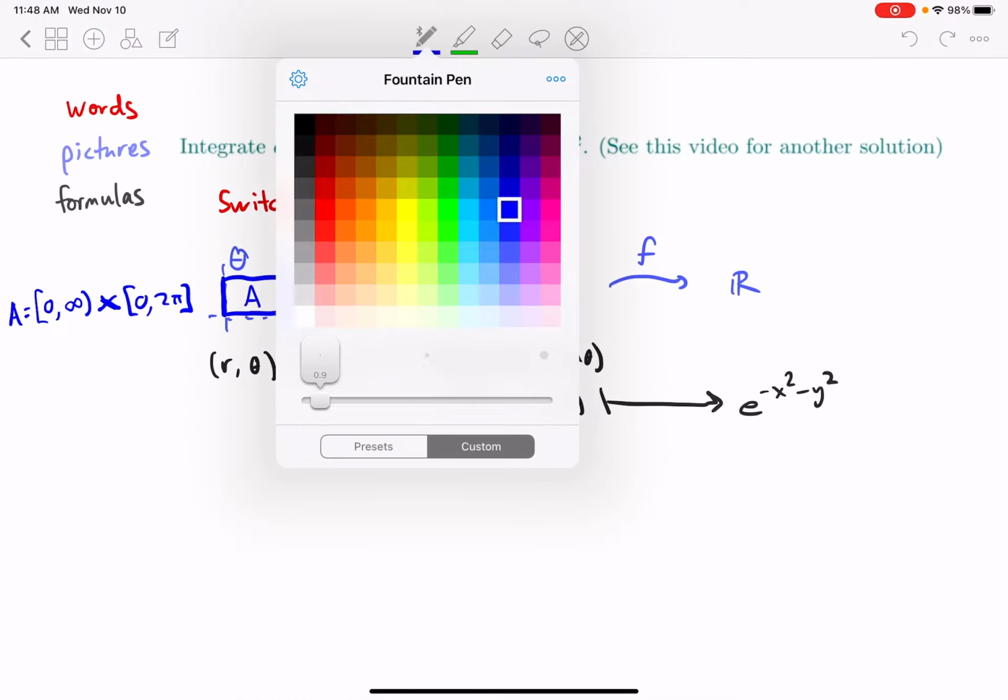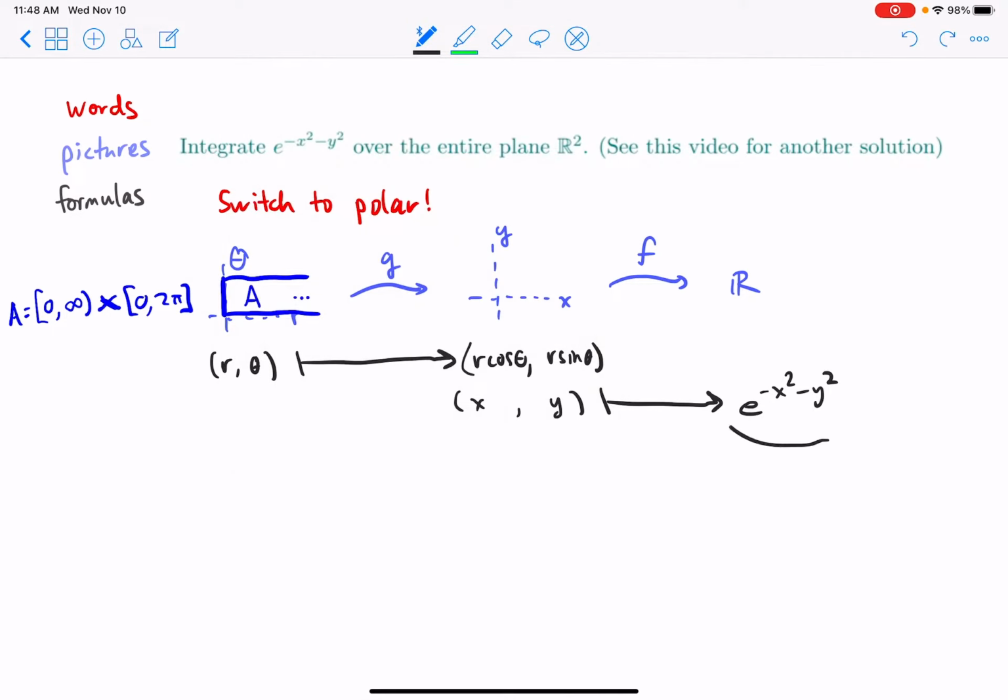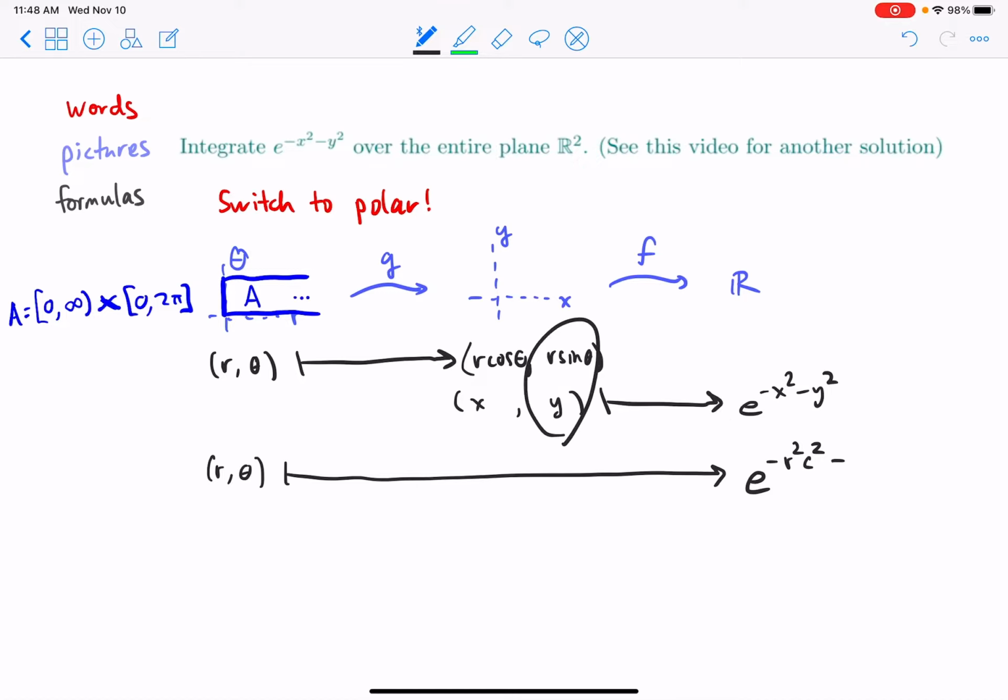All right, so the great thing is we don't have to deal with this function. We will integrate over this rectangle an easier function. That is the whole point of polar coordinates, is that this becomes e to the minus r squared cos squared theta, minus, and then y becomes r sine theta, and so y squared becomes r squared sine squared.